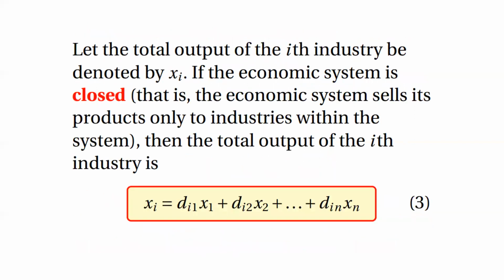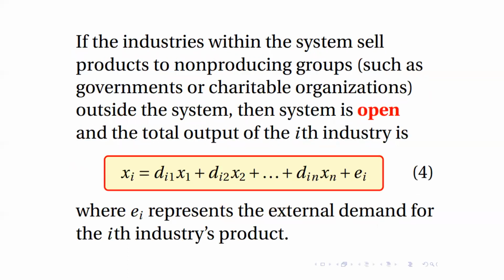Let the total output of the i industry be denoted by xi. If the economic system is closed, that is, the system sells its products only to industries within the system, then the total output of the i industry is xi = di1 x1 + di2 x2 and so on to n.